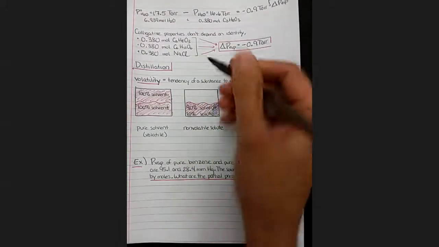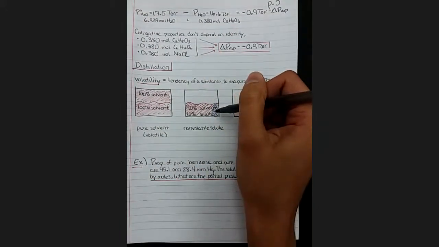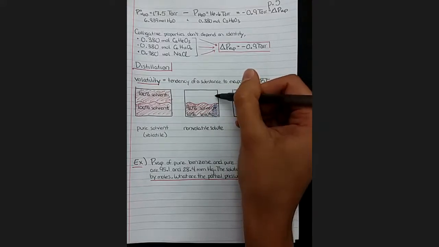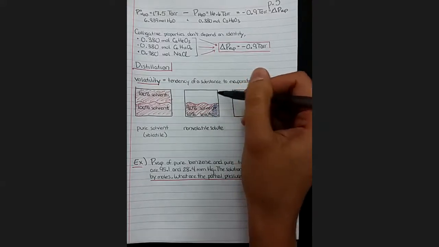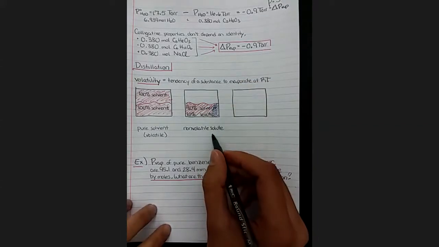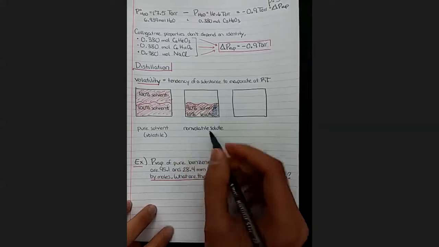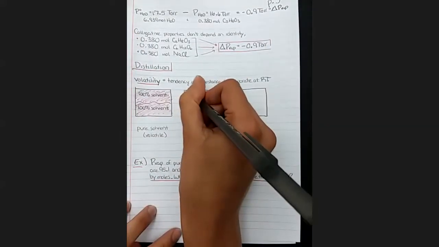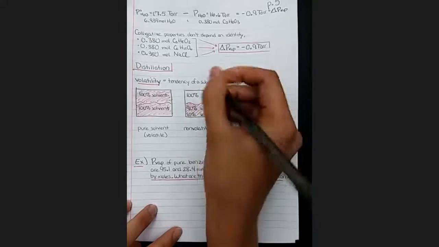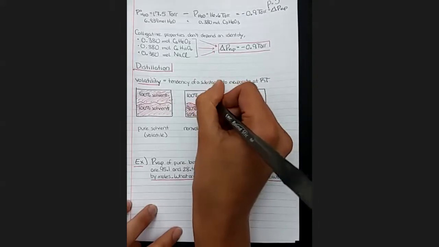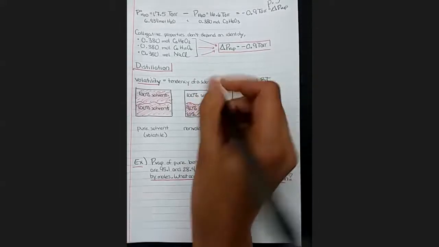Okay, so when we think about the liquid, this solution is going to be 90% one thing and 10% the other. What is the vapor phase going to look like? Because the solute is non-volatile, it isn't going to contribute to the gas phase at all. So just like the last picture, 100% of the gas phase is going to be solvent.